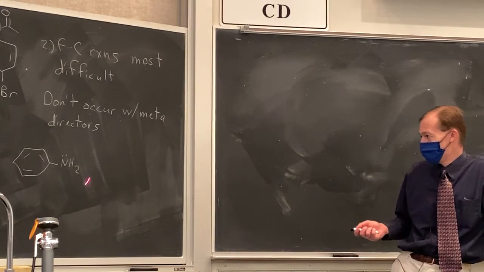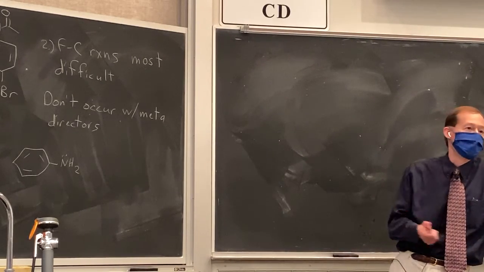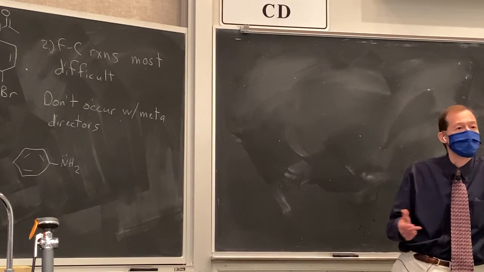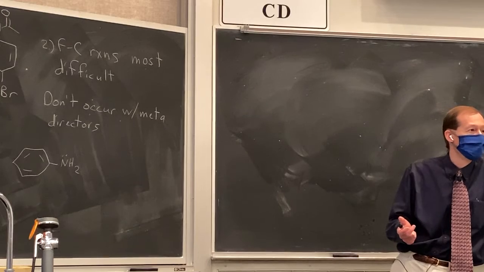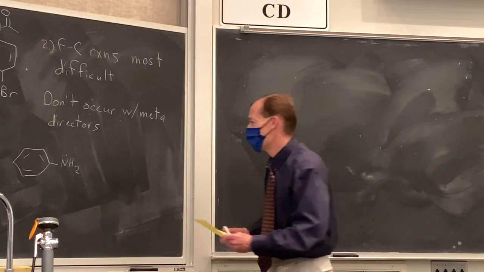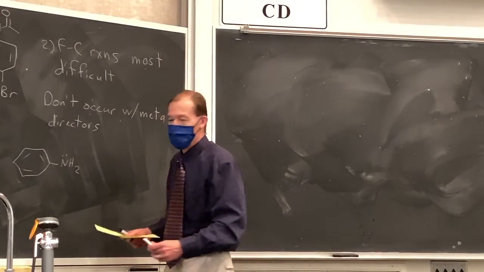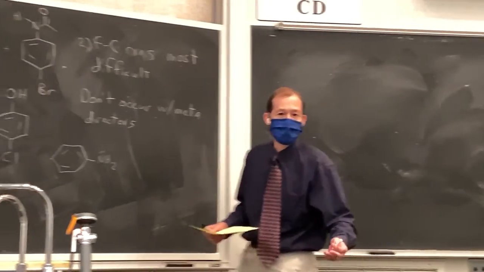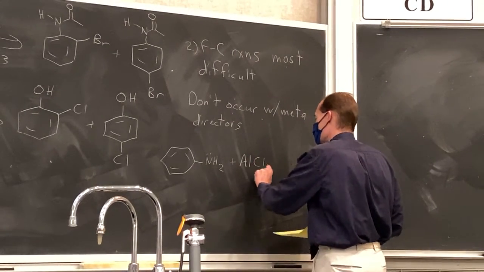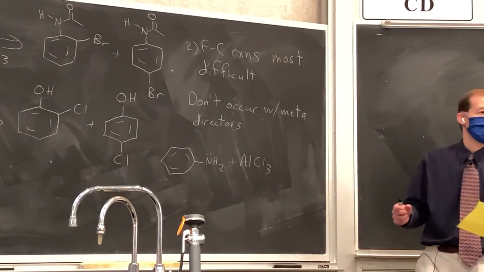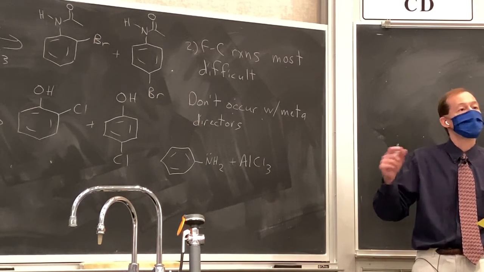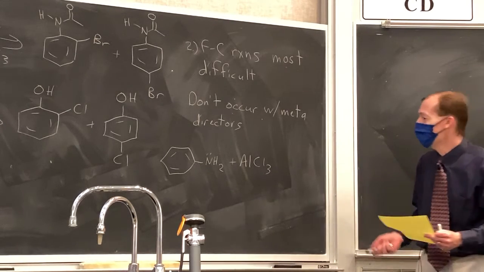So let's look at this functional group. What would we classify this as? Acidic, basic, nucleophilic, electrophilic? It's basic. It's both, it's a weak Bronsted base. It's also a Lewis base. Remember, in our Friedel-Crafts reactions, we have to add Lewis acids, and we want those Lewis acids to coordinate to our alkyl chloride or our acyl chloride.